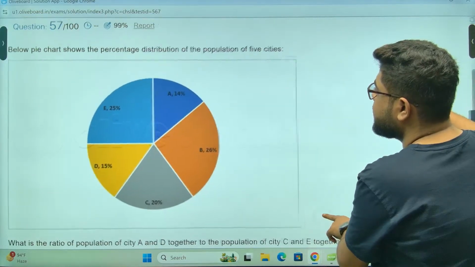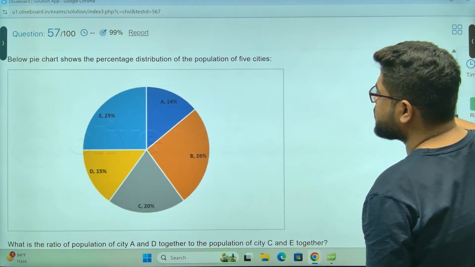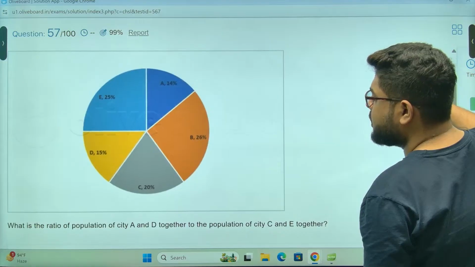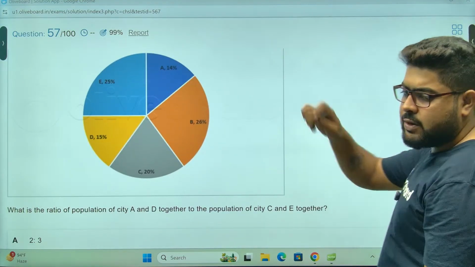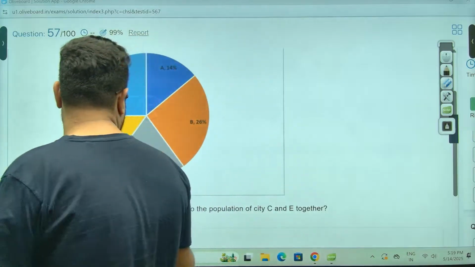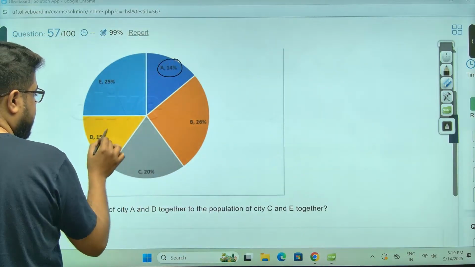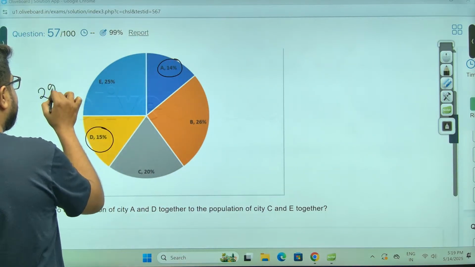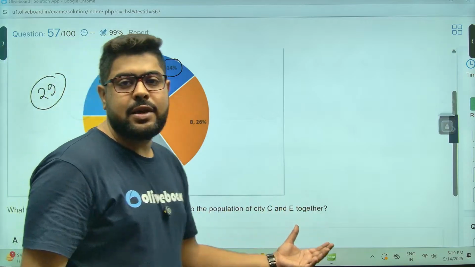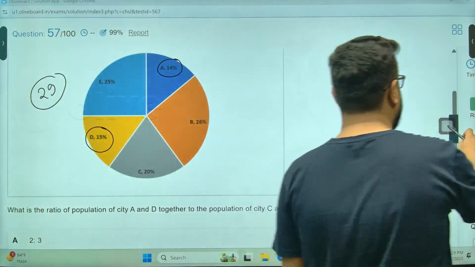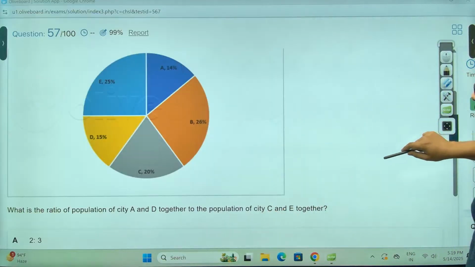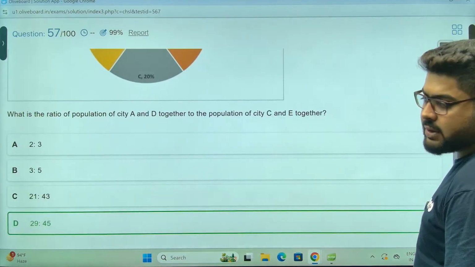Below, pie chart shows percentage distribution. Achha, ratio is asked. Ratio, then I don't need anything. That means I don't need any value. Ratio of A and D: 14 and 15, 29. So I don't even need to check anything else because 29 is a prime number. Any ratio having the first unit as 29 will be the answer.